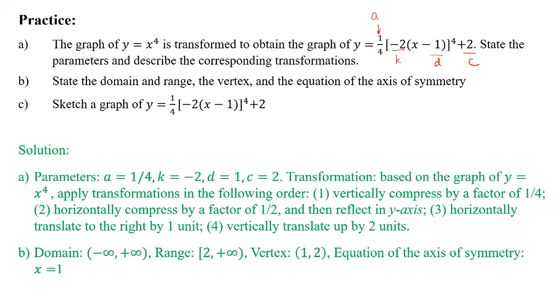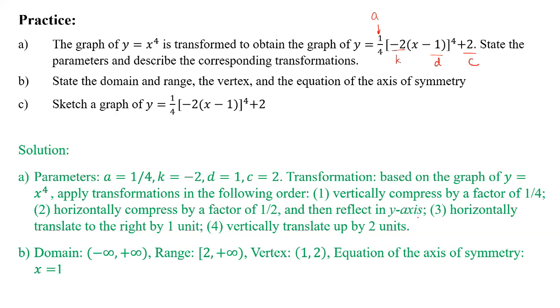If A is 1/4, that means first we need to vertically compress by a factor of 1/4, right? Next, K is -2. So we need to horizontally compress the original graph by a factor of 1/2. Note that there is a minus sign, so then we need to reflect it in the y-axis.